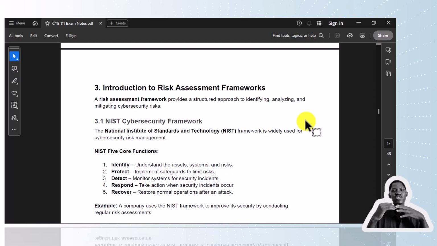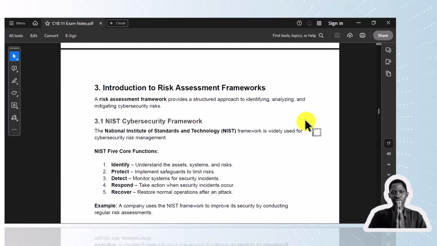So it's a structured approach to identifying, analyzing, and mitigating cybersecurity risks. So there are different types of frameworks, right? So each of them provides their own specific structured approach to these things, which is identifying, analyzing, and mitigating cybersecurity risks. Now, one of the frameworks that we are going to look at, very popular, is the NIST Cybersecurity Framework.